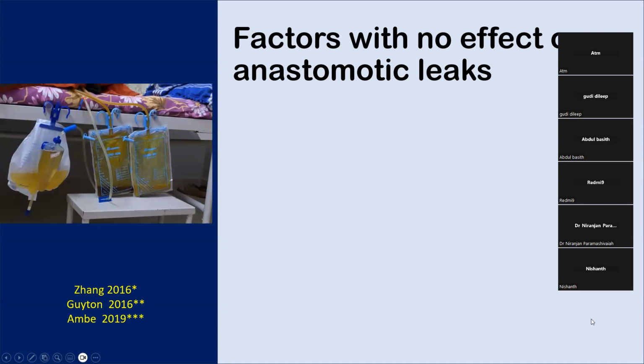Okay. So we now have an interesting thing about so many other myths that many surgeons talk about and actually carry on in their practice, but which really don't have any effect on the actual incidence of anastomotic leak. Can you think of a few of these situations? Praveen?